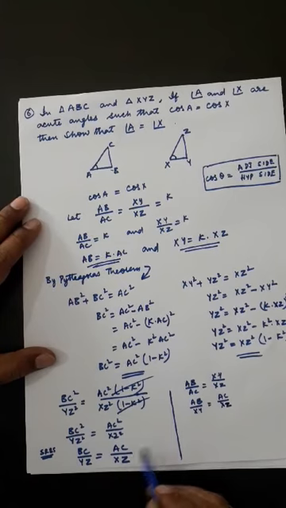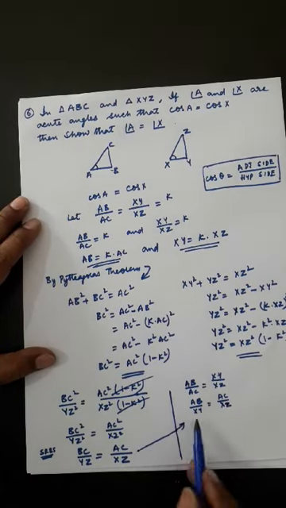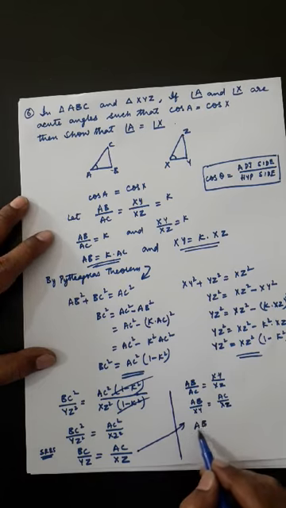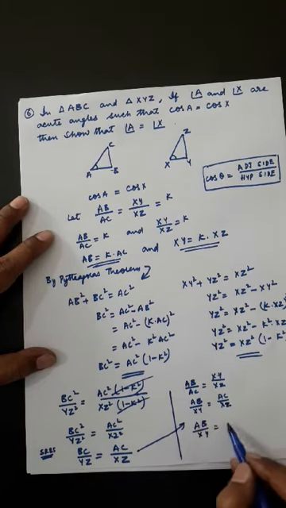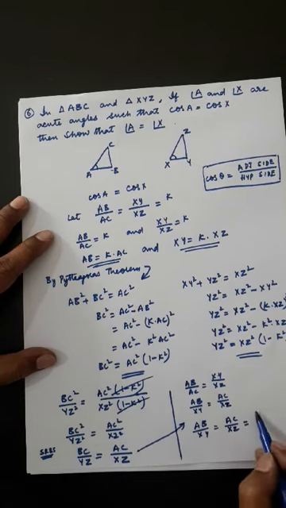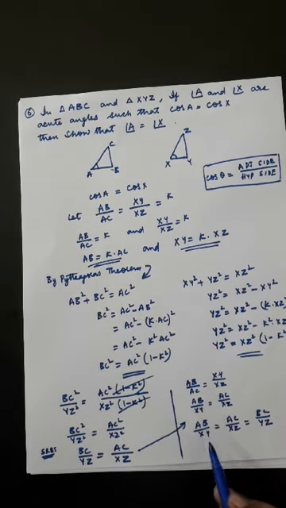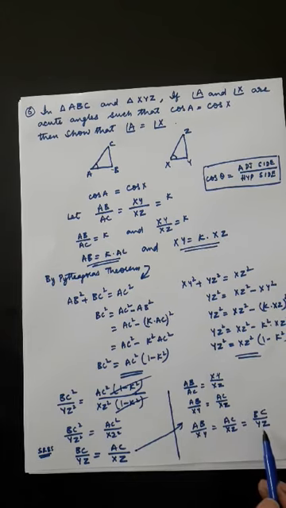We already have AC by XZ equal to BC by YZ. If you substitute this here, AB by XY equal to AC by XZ equal to BC by YZ.